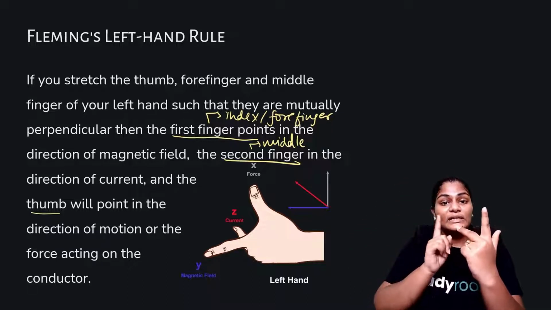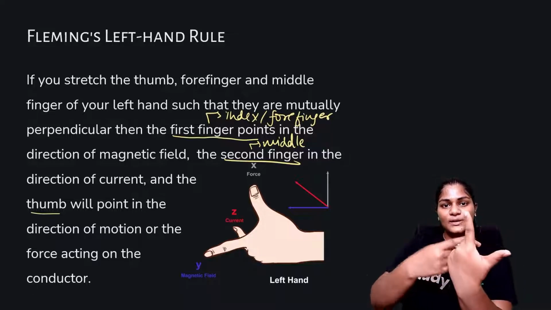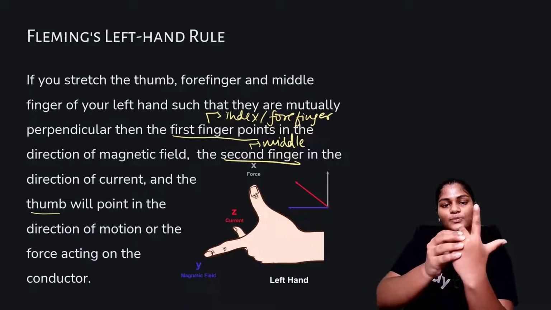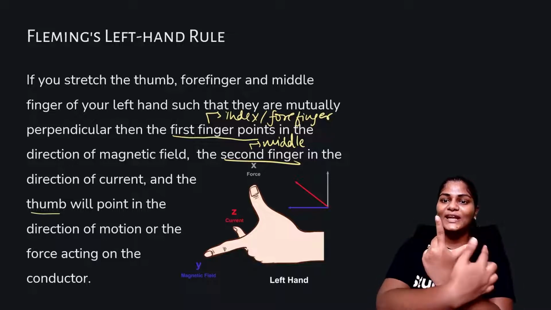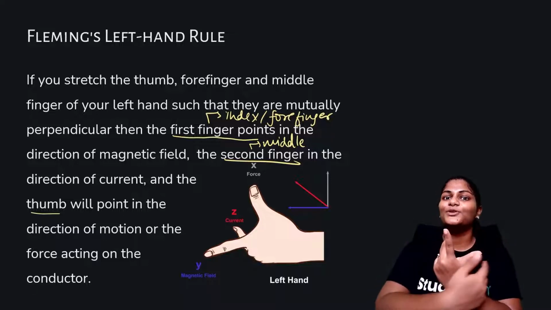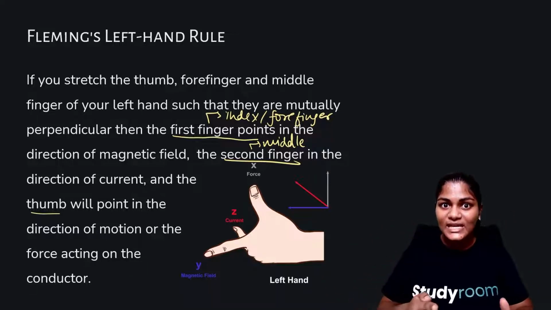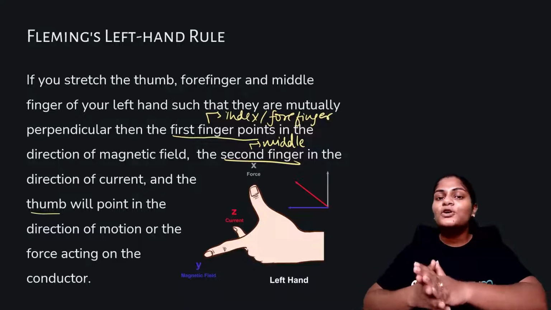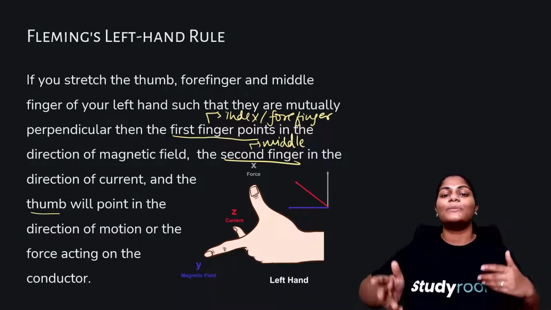Your middle finger should point in the direction of current. I remember the rod was somewhat like this, so the current would be somewhat like this, right? So your thumb points in the direction of the force. My thumb is pointing towards the left, and that is exactly what we said. We had said that in the first case, the force would be experienced in the left direction. So now it is going to make sense to you.